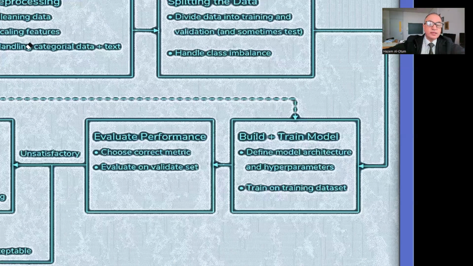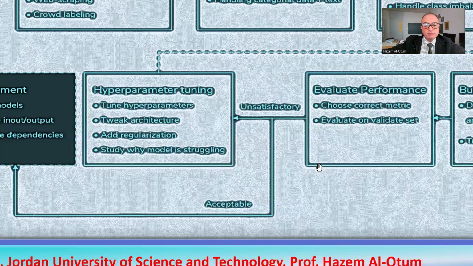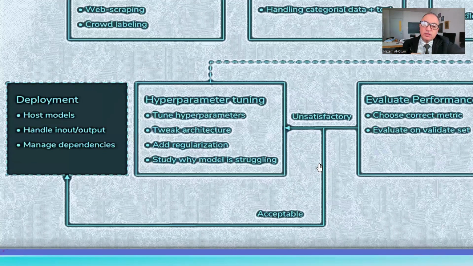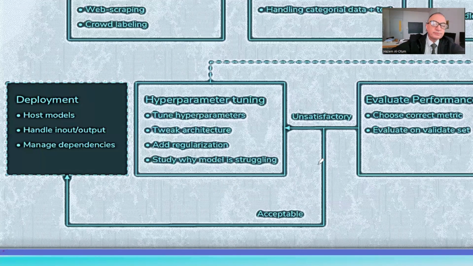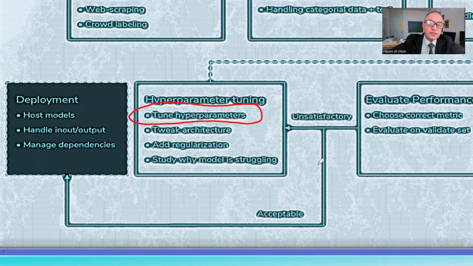Now, if you are satisfied and your system is accepted, you can go further. Otherwise, if you get some problems, like, for example, the accuracy is not very high, maybe the time is very long, maybe you get overfitting or underfitting situations, in this case you may tune the parameters.